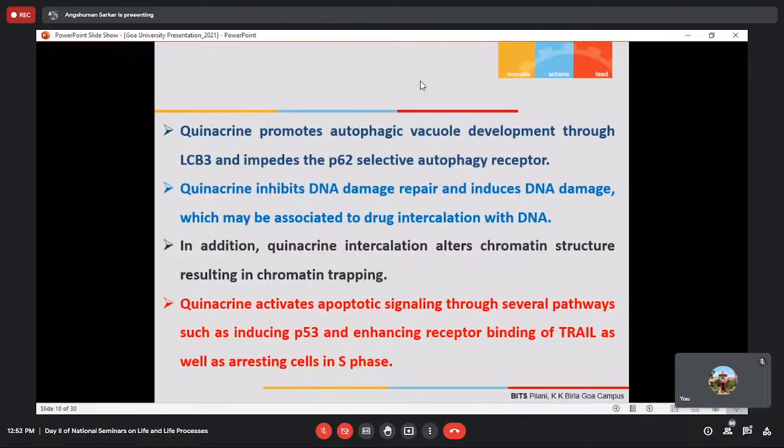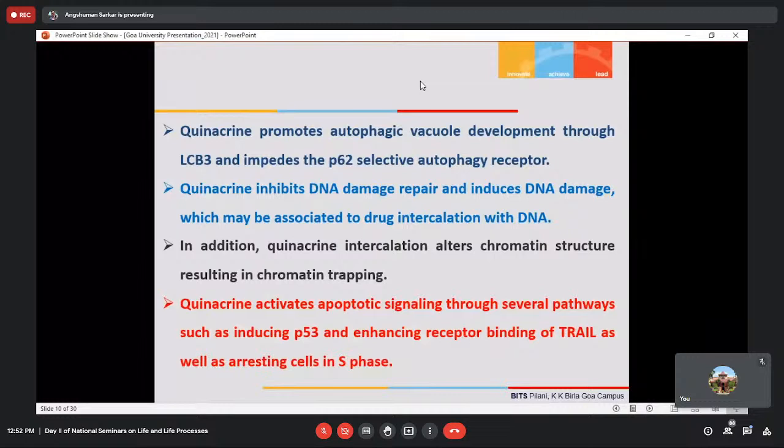And quinacrine promotes autophagic vacuole development through LC3B and impedance of the P62 selective autophagy receptor. You know how autophagy works inside the cells, and Professor Bandyopadhyay in the morning showed some slides on this autophagy model, and it's the same way the autophagy receptor works in case of cancer as well.